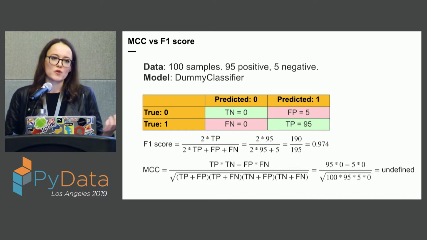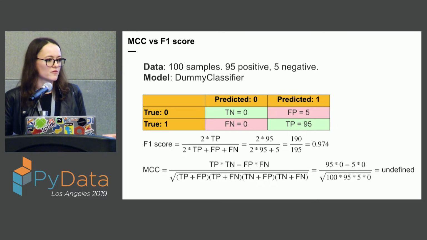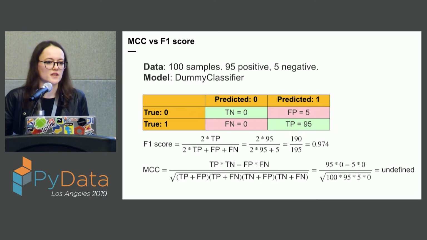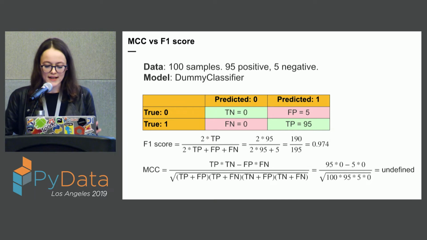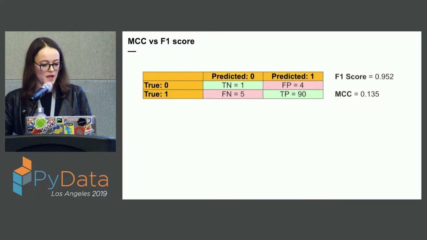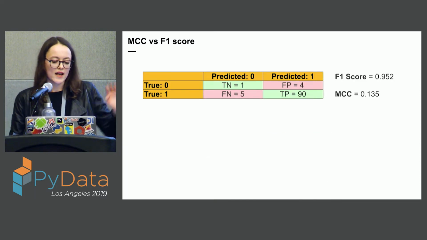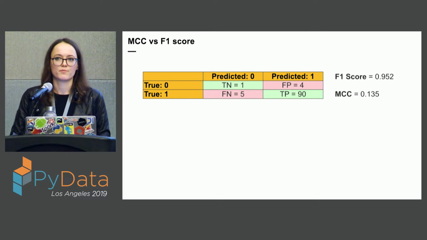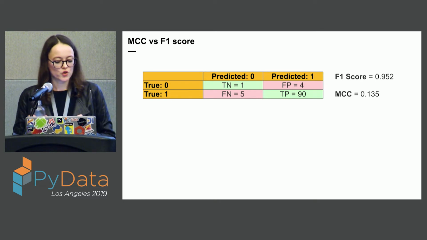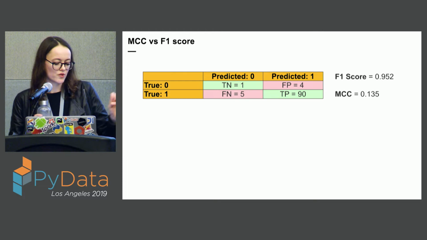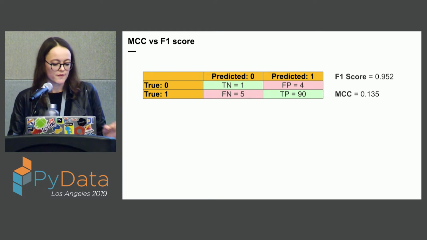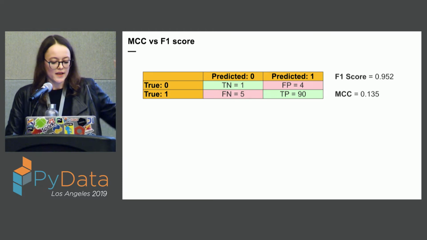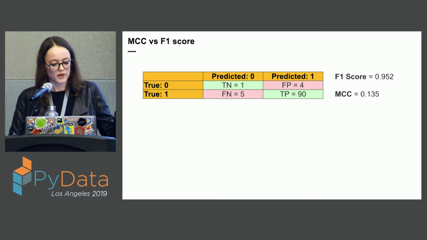But you can say, hey, well, it's a dummy classifier. It's not a real thing. So how often is it going to happen? OK, let's take a different example. So now I have the same data, but I have a slightly better model, and I managed to predict some true negatives, some true positives, some false negatives and false positives. I get an F1 score a little bit lower.